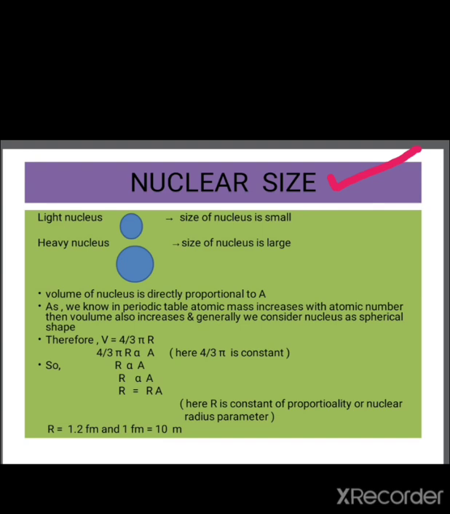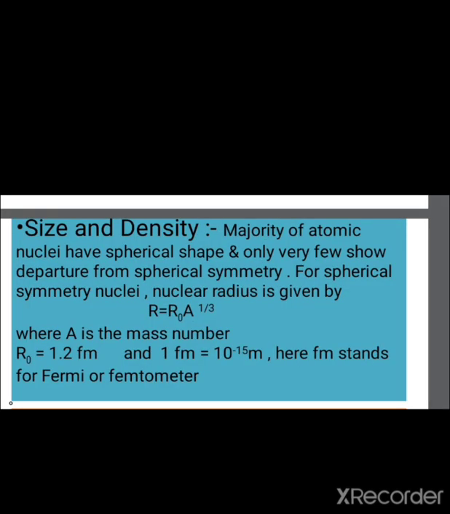If the size is increasing, then volume is also increasing, and generally we consider the nucleus as spherical. For a spherical shape, the volume is given by 4/3 πr³. So the relation comes out to be R = R0 A^(1/3).